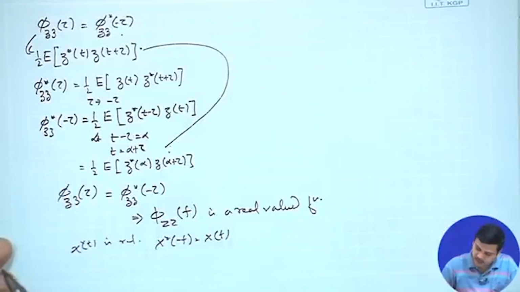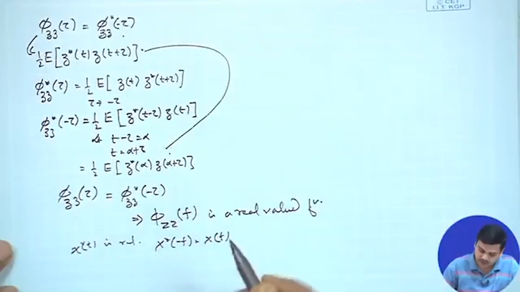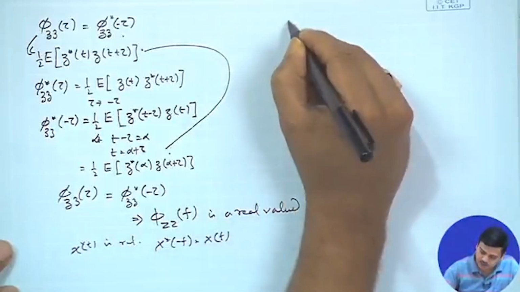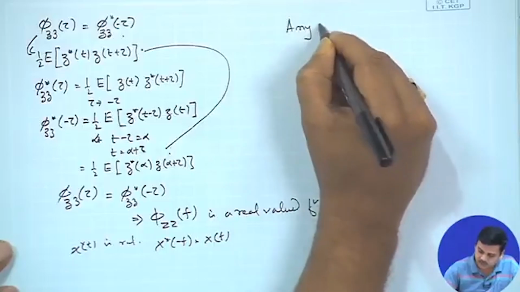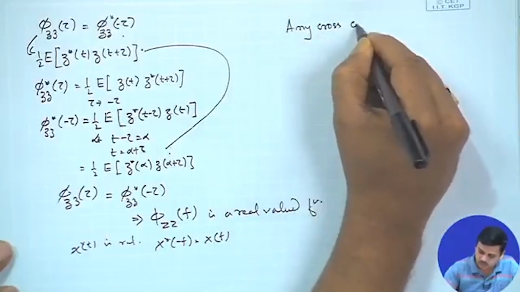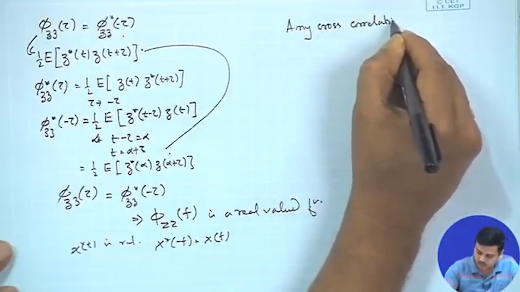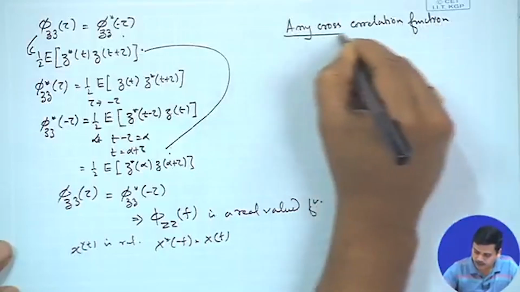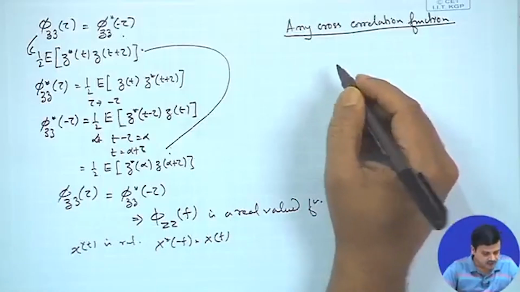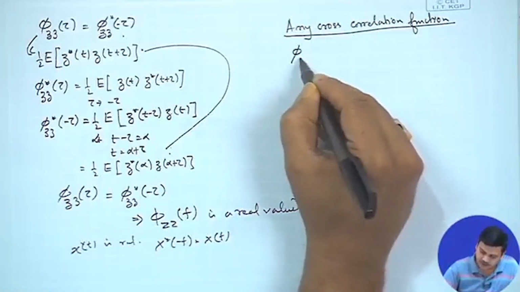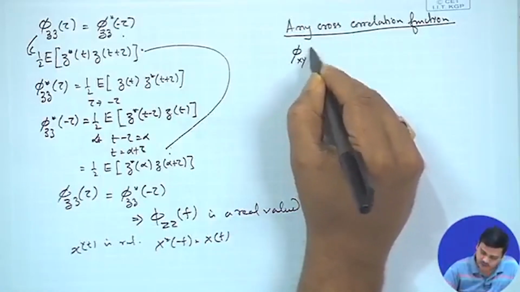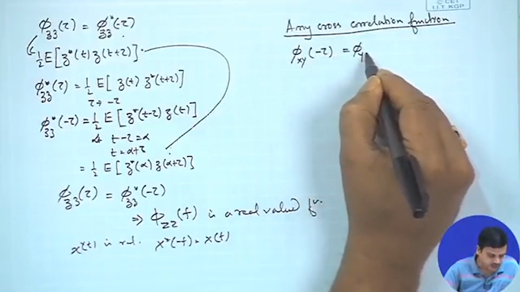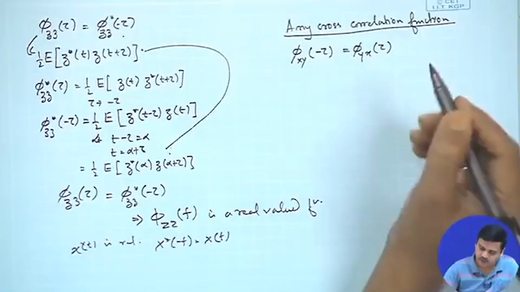So now another small activity that we need here is any cross correlation function would satisfy the relationship that phi xy of minus tau is equal to phi yx of tau.